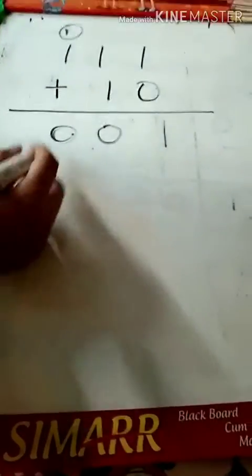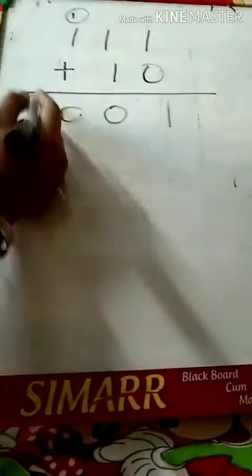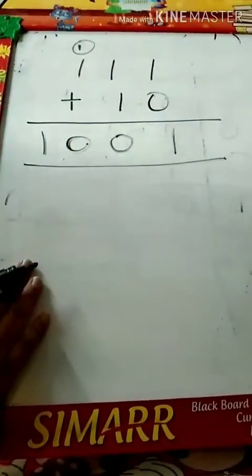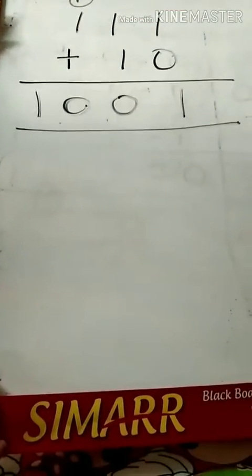Then 1 plus 1 is equal to 0 according to the rule, and there is a carry of 1. There is no digit left, so we bring the carry down. So this is our answer. With the help of this method we can solve addition in the binary number system.